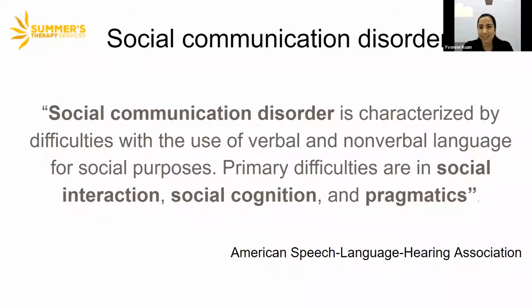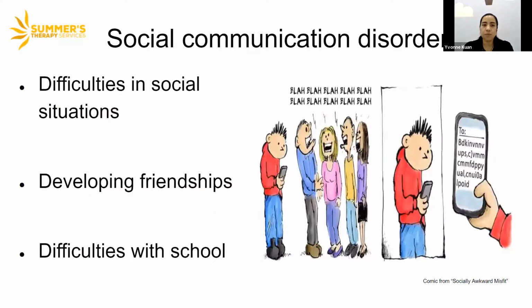I hope that is familiar to you. Social cognition, changing language for who is listening, and pragmatics, learning how to look at the social situation that is going on to get a deeper layer of meaning and to get the full understanding of what is happening. Okay, so it is a separate disorder that we can diagnose.